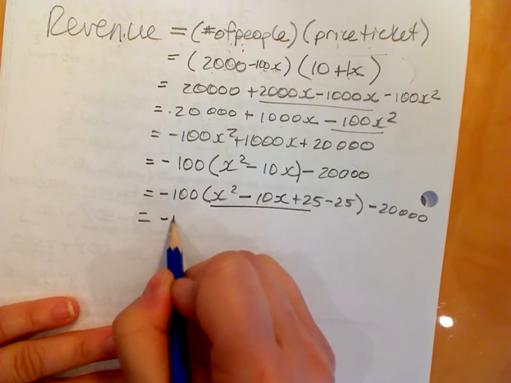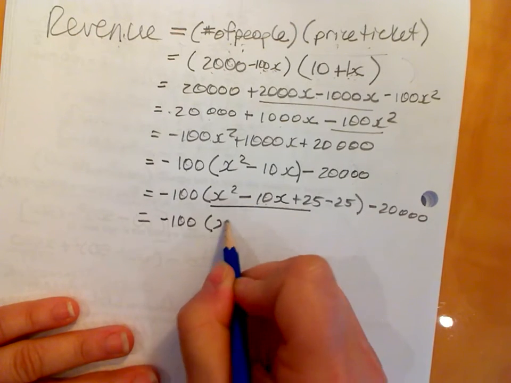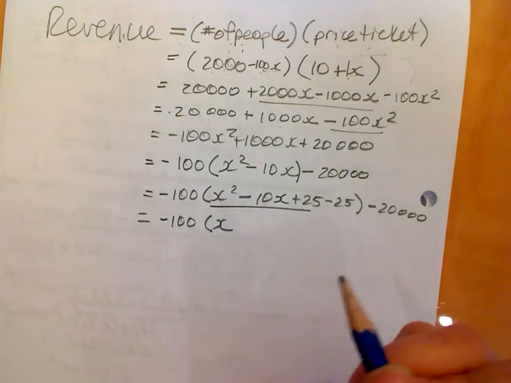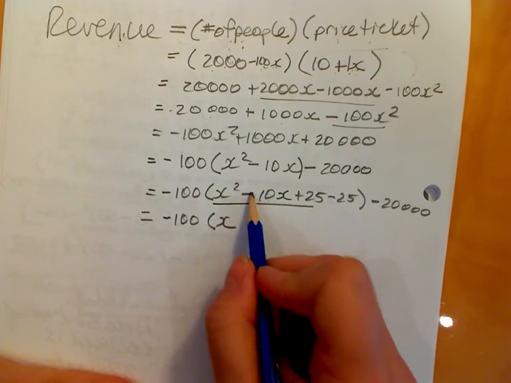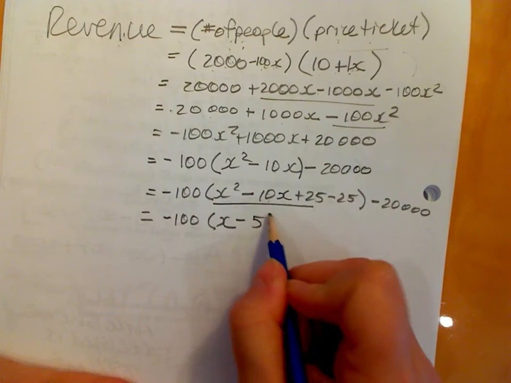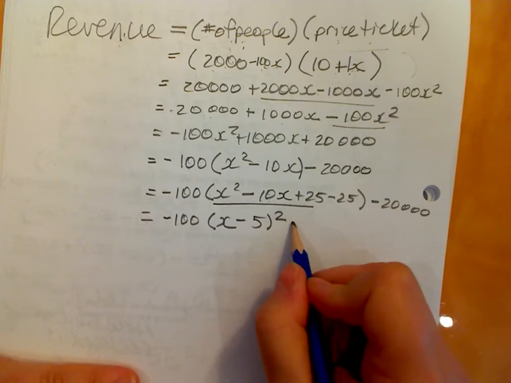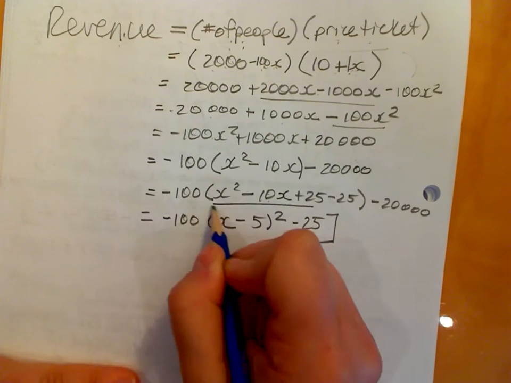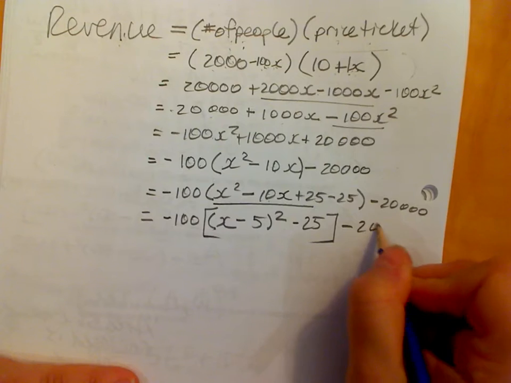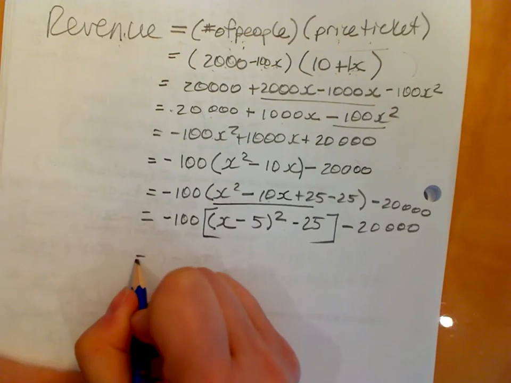These three are a perfect square trinomial, which is why we did this whole plus 25 minus 25 in the first place. That sign goes there. Half of 10 is 5. And then we have negative 25, and then minus 20,000.